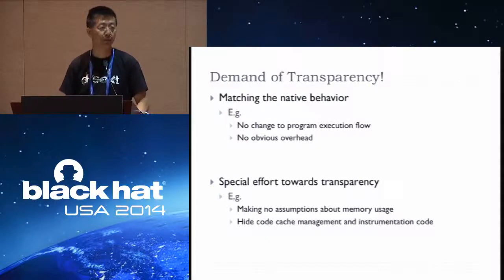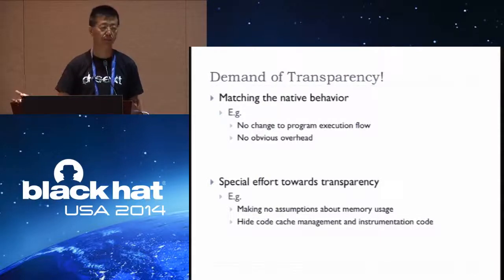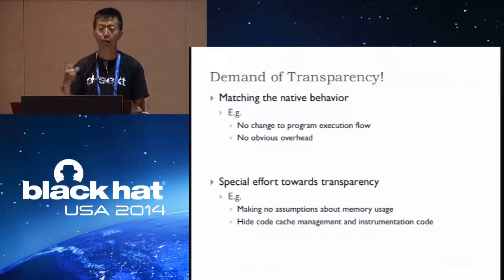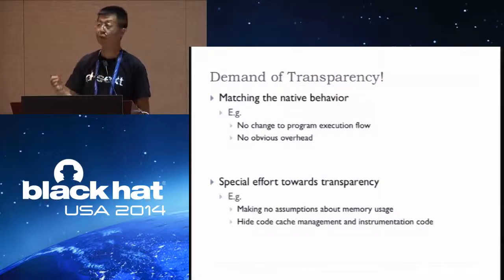What do we mean by transparency? When you use this dynamic binary instrumentation tool to run a program, the platform is expected to make the program run as if it's running on the native platform. So you don't want the program to know that something is running underneath. This is for both the legit program and also the malicious program.